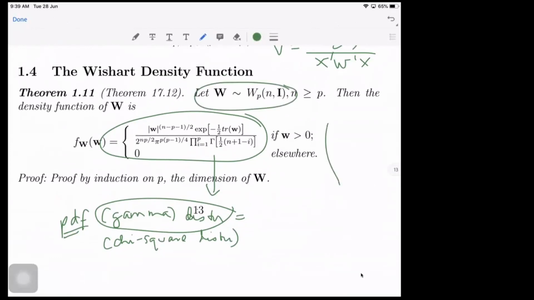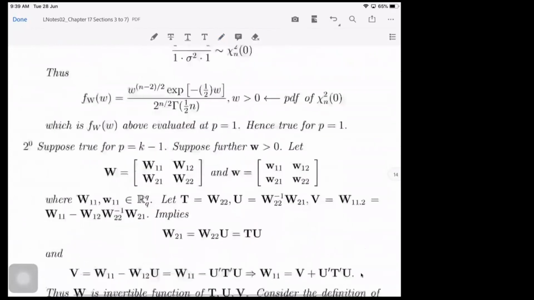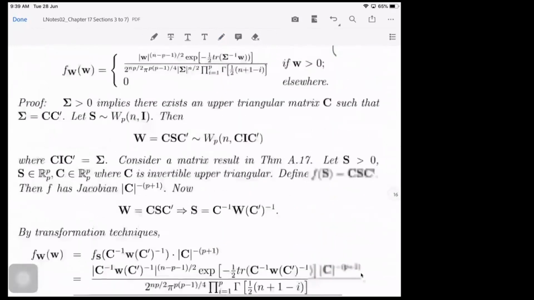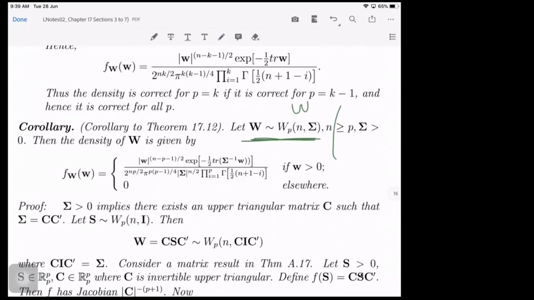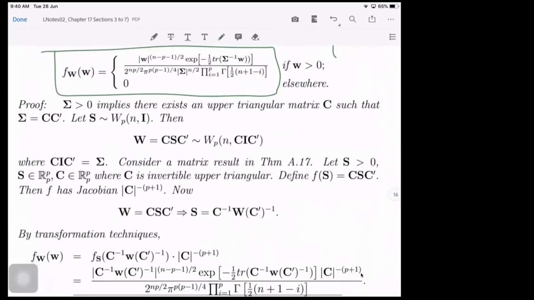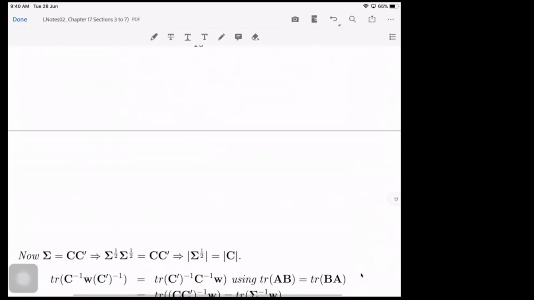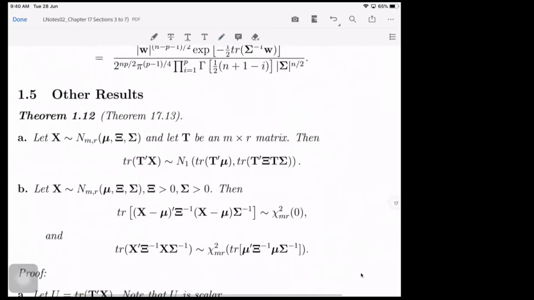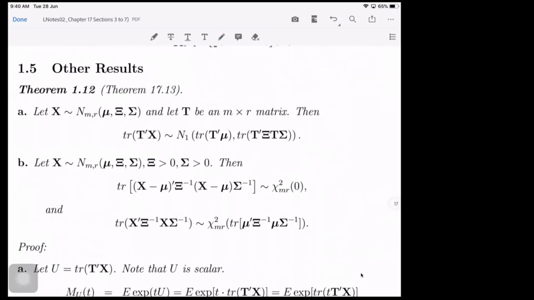Katong corollary is N sigma na. Okay? So mas general ni siya. This is the general probability density function. So we will not deal with the proof there. Okay? And let's have some other results.